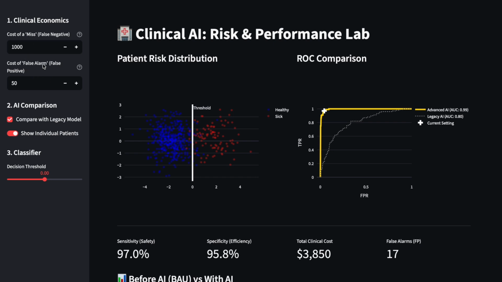Now, the cost of a false alarm is usually much less. The bad thing with false alarms is that if there are too many of them, clinical staff are of course not happy, and people just start ignoring alarms because it's impossible to react to everything.